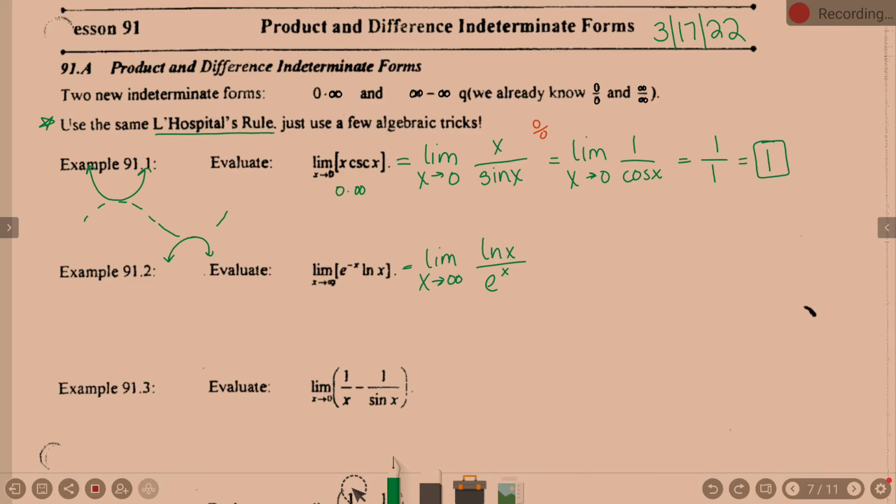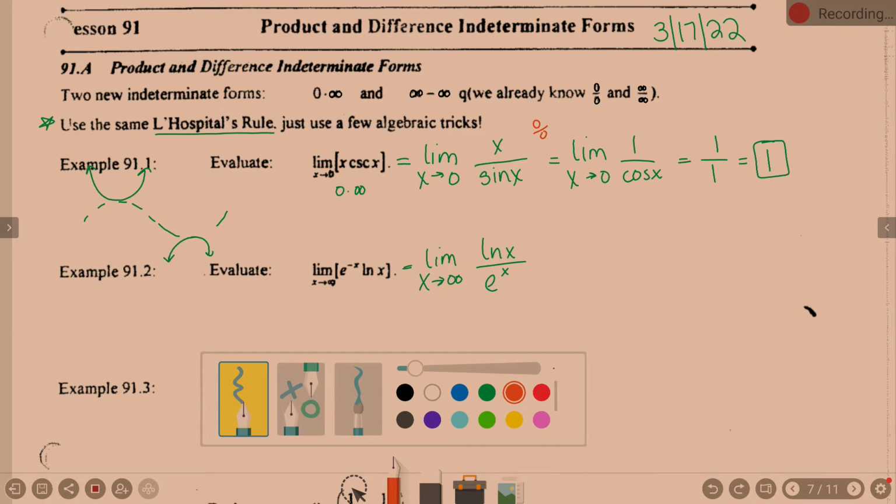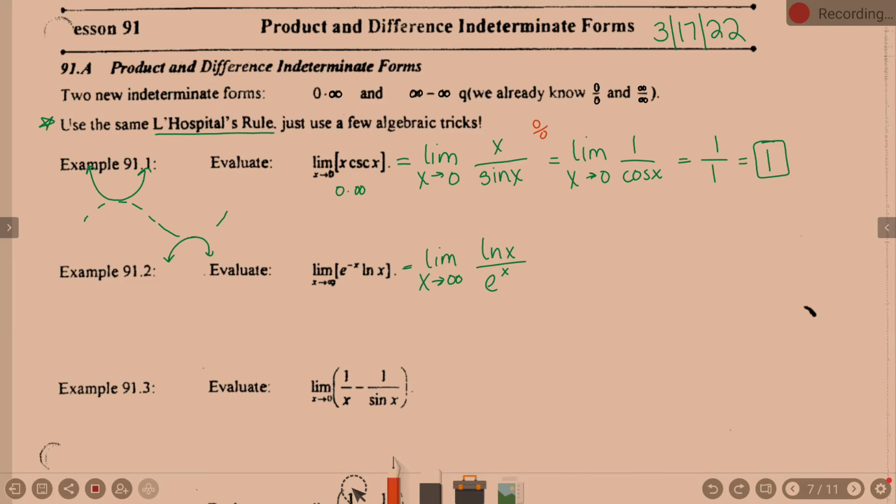Okay, what's going to happen when we put infinities in? Well, we'll get ln of infinity, which I assume equals infinity, and e to the infinity, which equals infinity. So we have the indeterminate form of infinity over infinity.